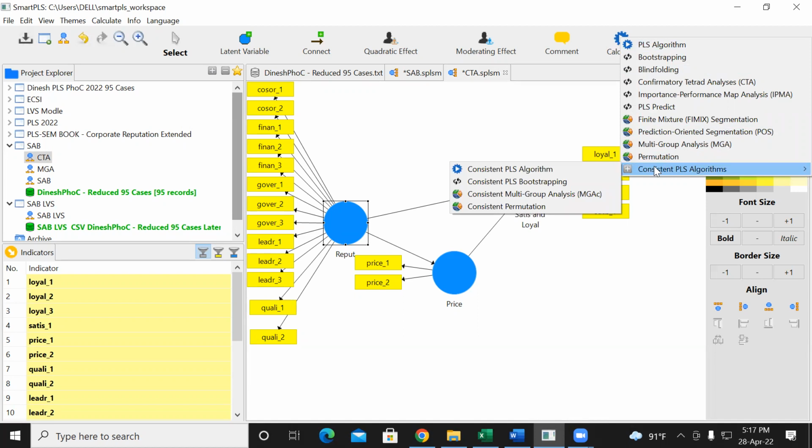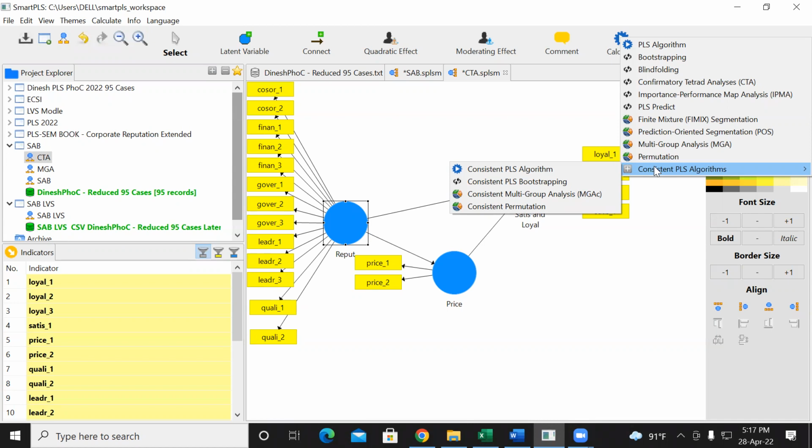What's the correct approach? But on YouTube, you can see some people are running regular PLS without any logic. But the logic is, if you're having a fully reflective model, the tradition in PLS is the consistent PLS algorithm and bootstrapping.